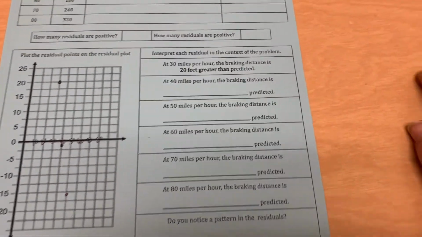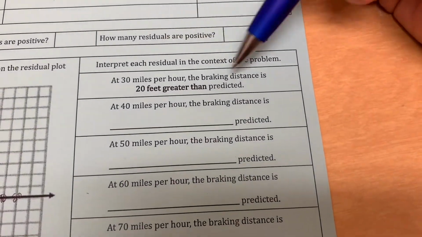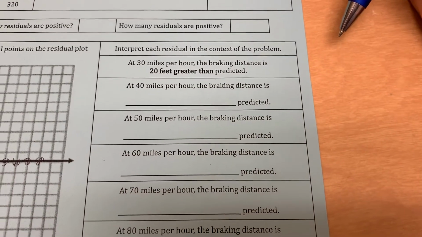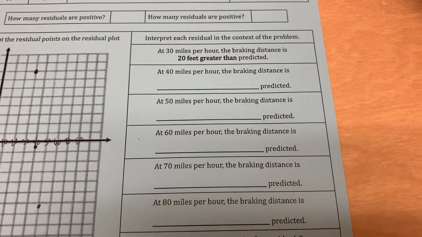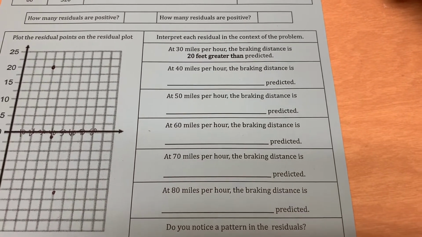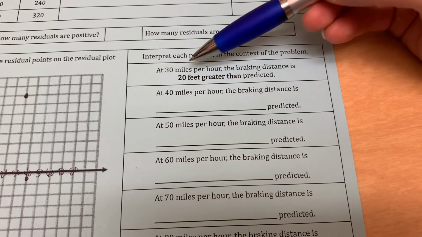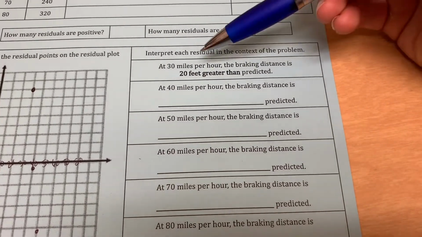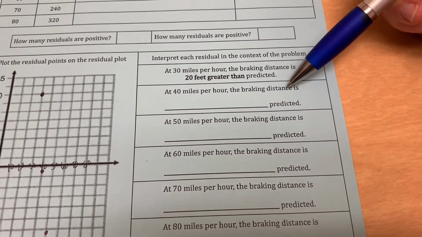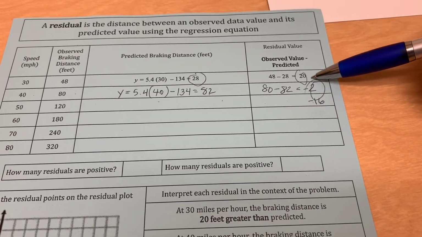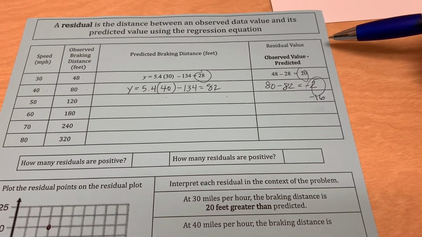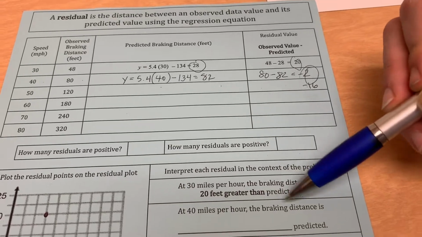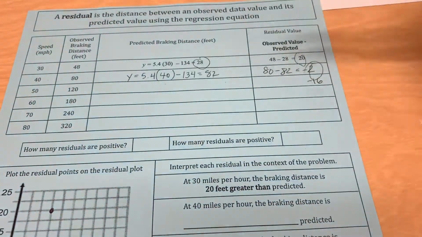Last but not least, interpreting each residual in the context of the problem, because you need to be able to understand the real-world applications of these problems. So at 30 miles per hour, the braking distance is 20 feet greater than predicted. We can say it's 20 feet greater because this residual value is positive 20. Positive meaning greater than predicted.